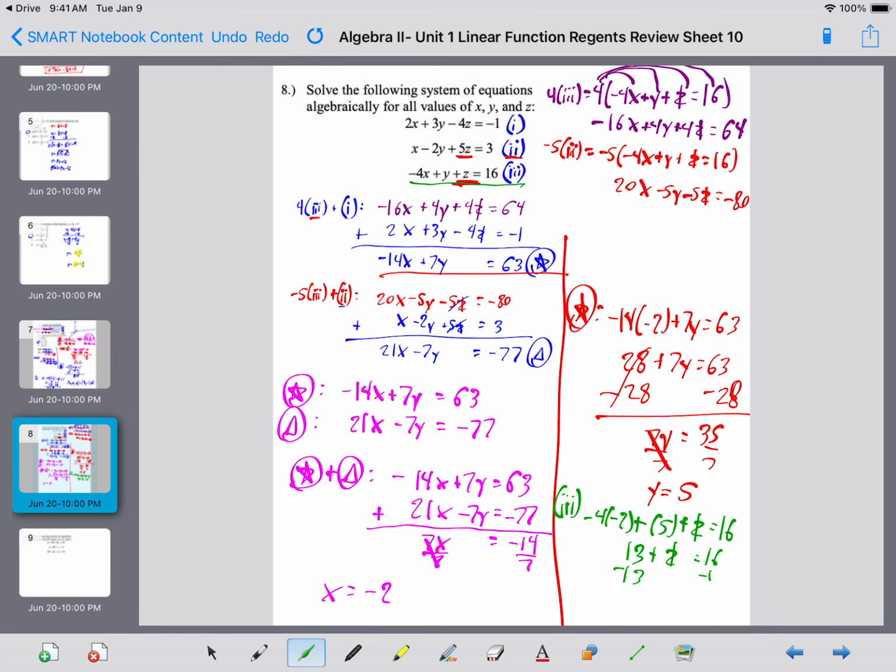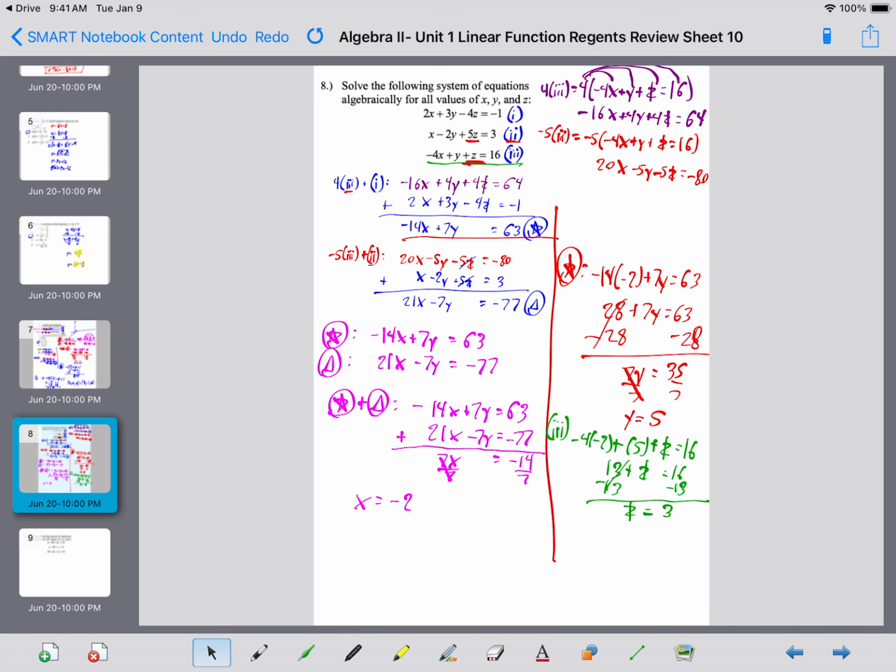Subtract 13 on both sides. 16 minus 13 is 3. So that point of intersection x, y, z equals negative 2, 5, 3.